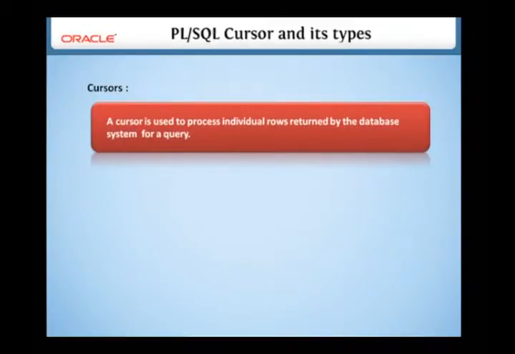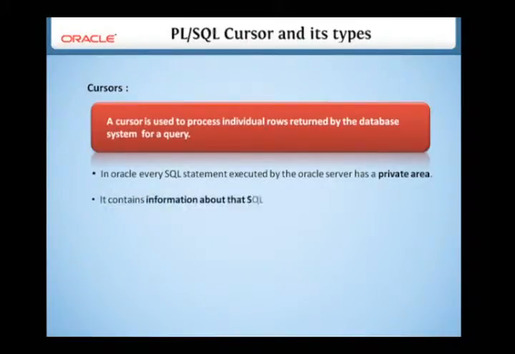A cursor is used to process individual rows returned by the database system for a query. Now let's discuss this in detail. Generally, in Oracle, every SQL statement executed by the Oracle server has a private area. This area contains information about that SQL statement and the set of data returned by the statement.